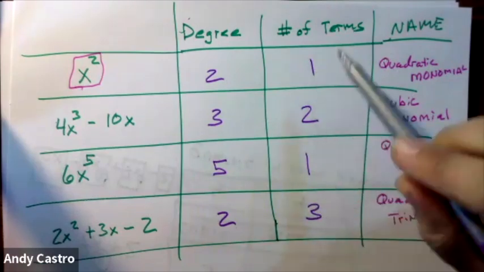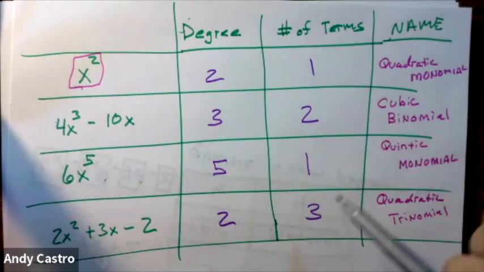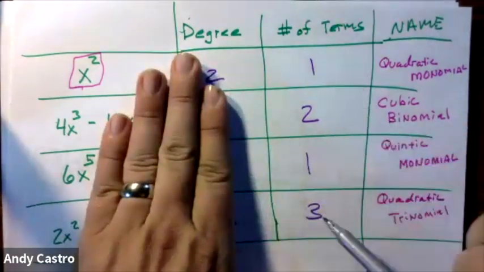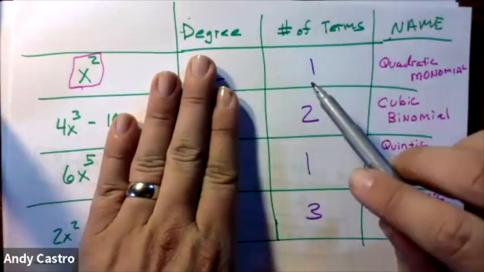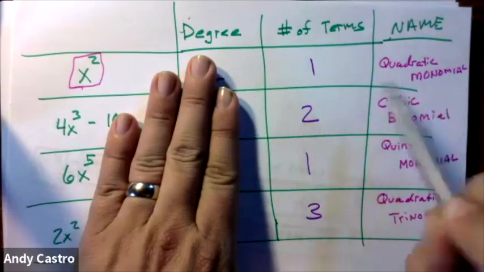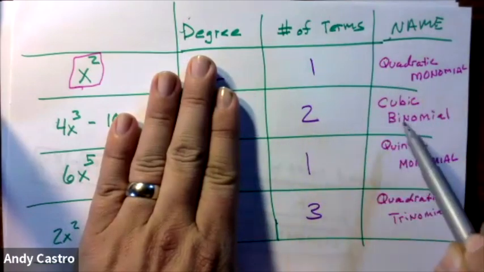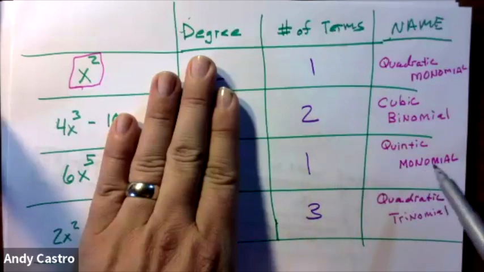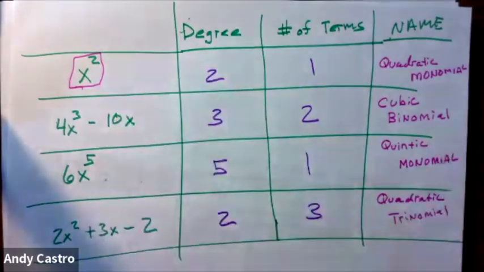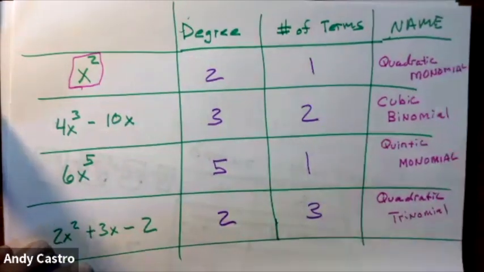It doesn't matter how many terms there are. Then when we look at the terms, we don't care what the degree is. So monomial, binomial, monomial, trinomial. All right.